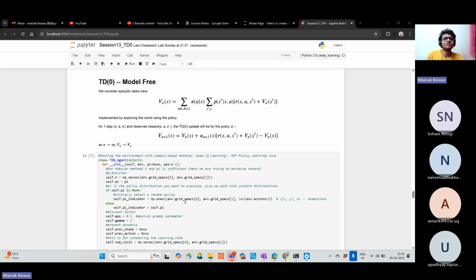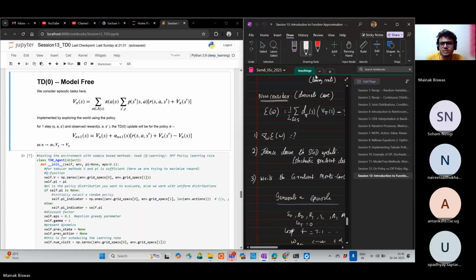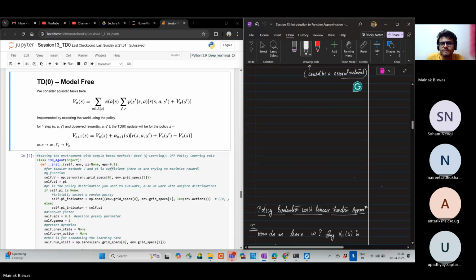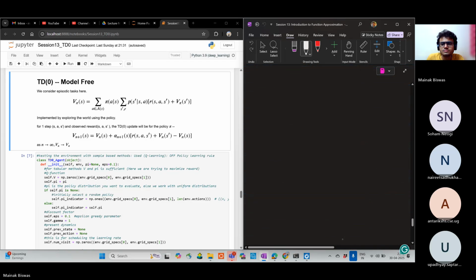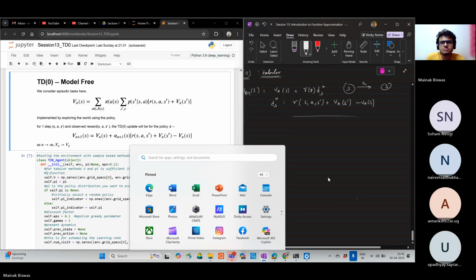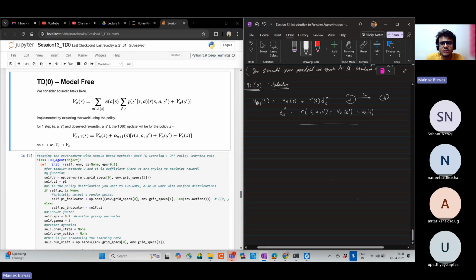So let's do a model free TD0 algorithm. Remember, as n goes to infinity, V_n goes to V pi. I'll open my notes on the right so that you can see. I have the equation ready here in front of me.